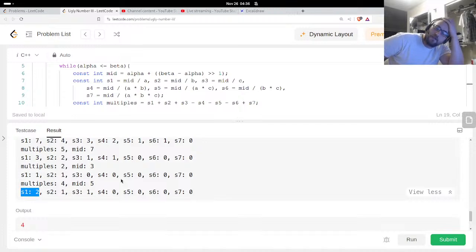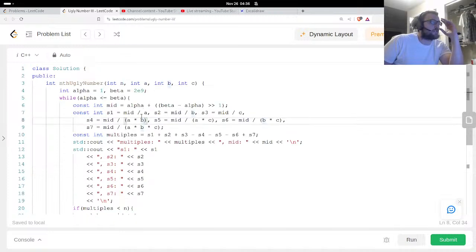Because S3 is a multiple of S1, this intersection, it's actually not.